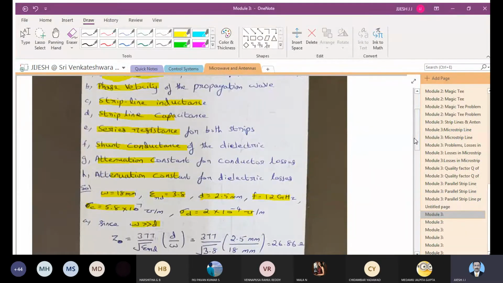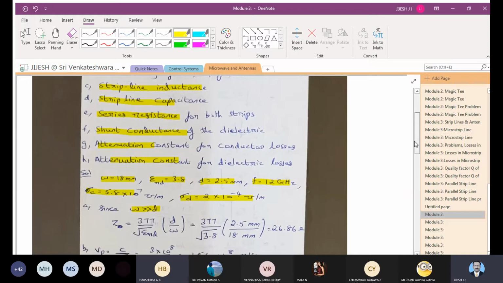So you need to use the phase velocity equation. The parameters are given for you. Try whether you are getting the answer for phase velocity. Sir, 1.53 into 10 power 8.